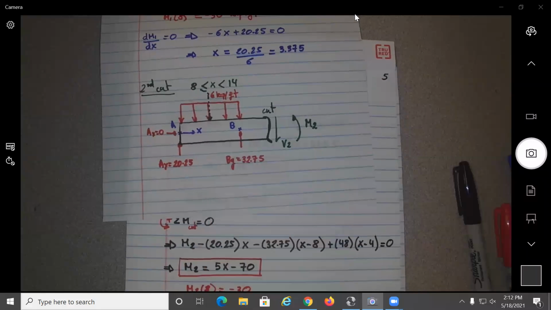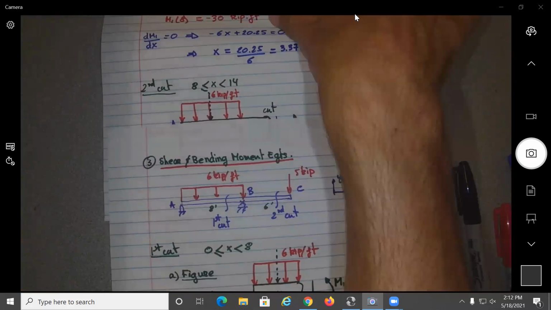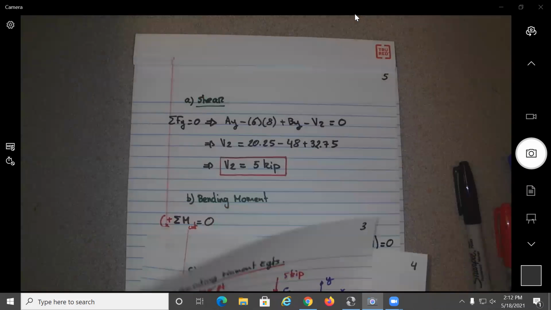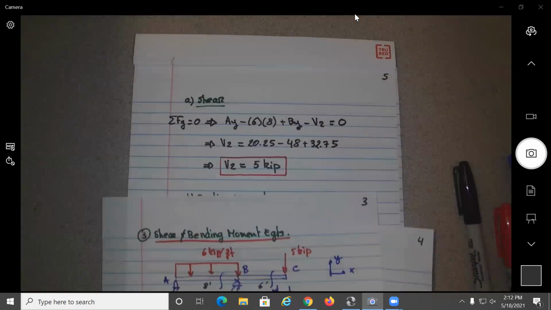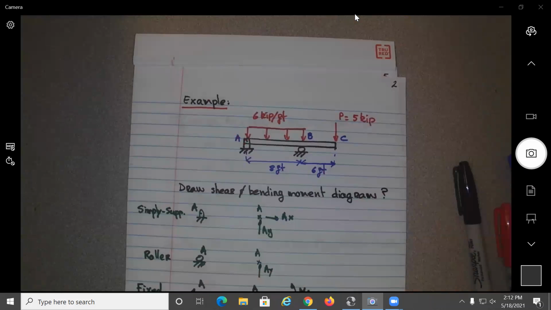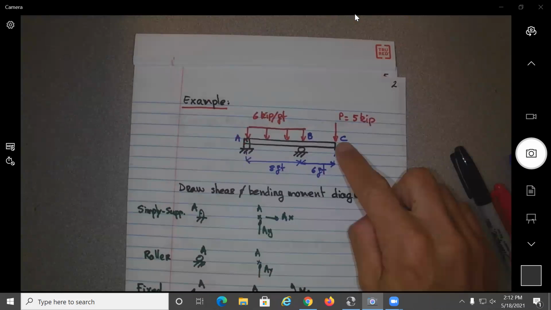Let's see, why should it be 0? Because at this end, the moment will be 0, no?